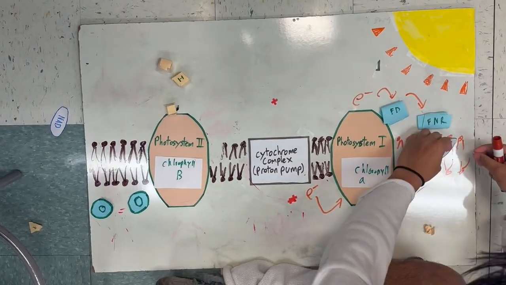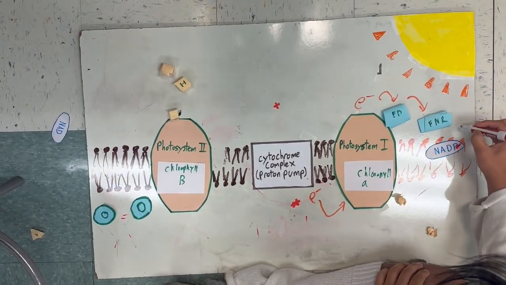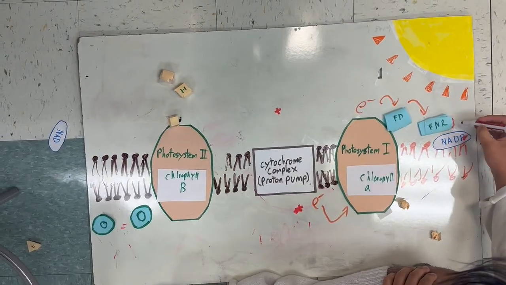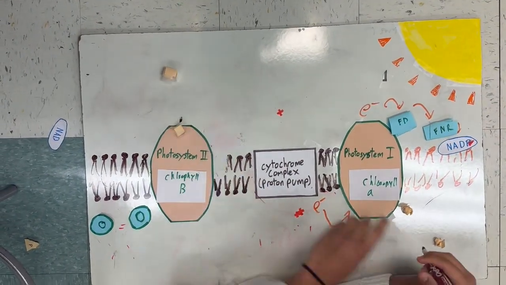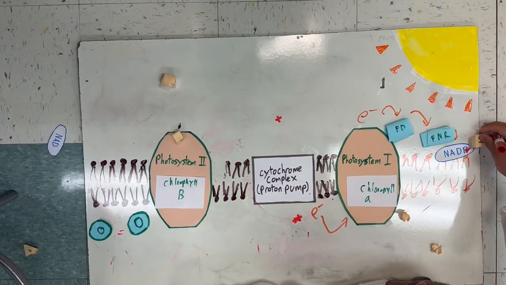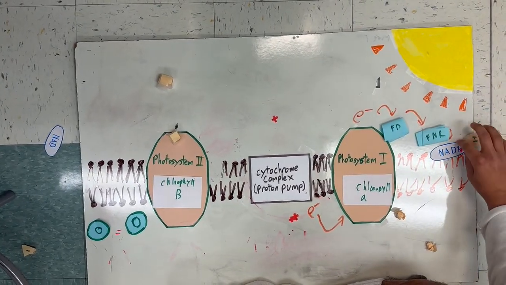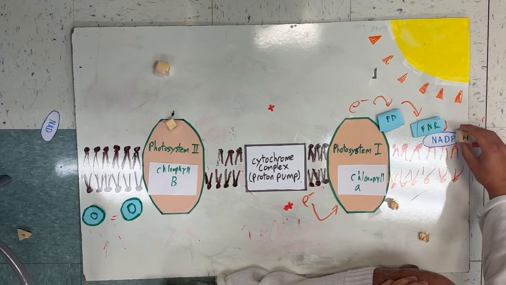At FNR, it uses NADP plus and hydrogen ion from the environment to make NADPH, which is later used for the Calvin cycle.